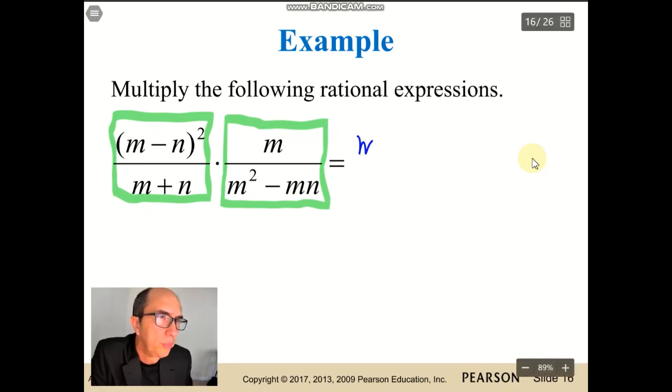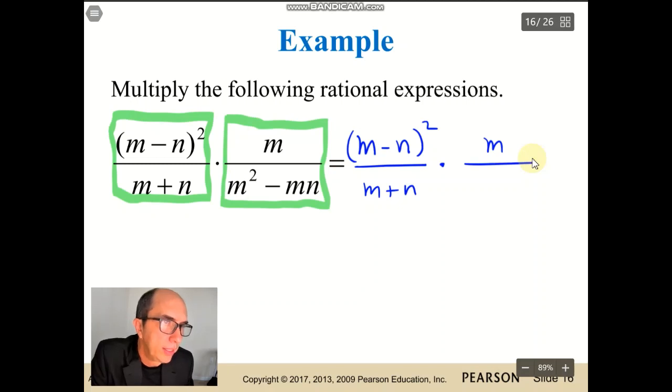So we're going to repeat m minus n squared over m plus n, multiplied by m over, and this denominator we can factor a little bit. We can factor m out, m times m minus n. See? So we can simplify.